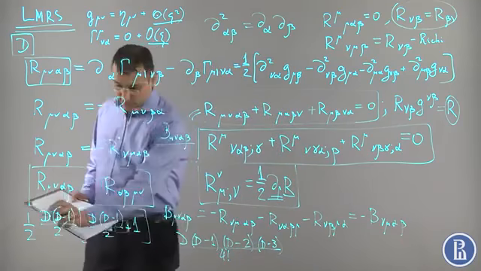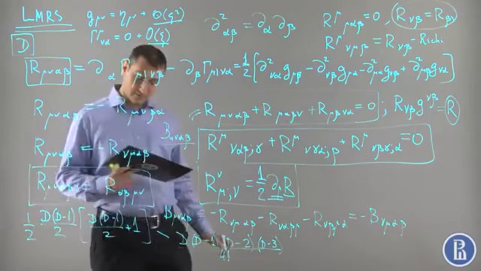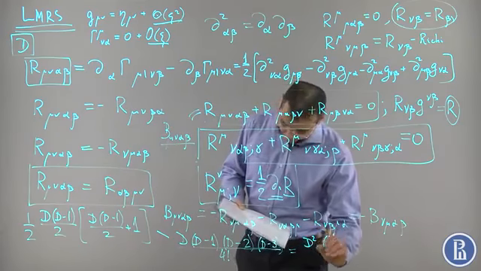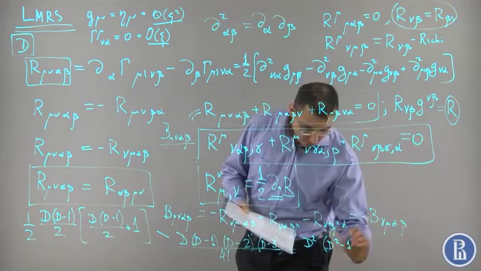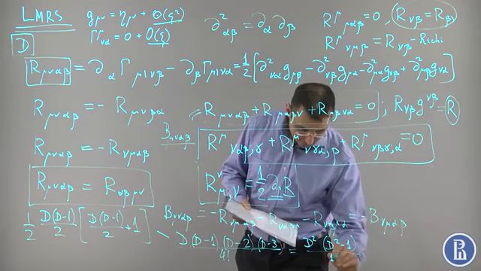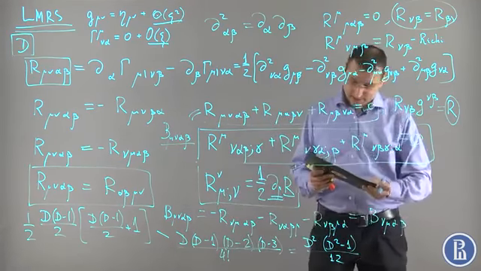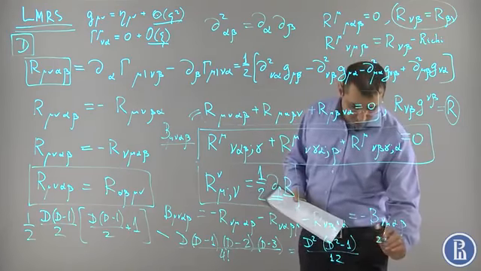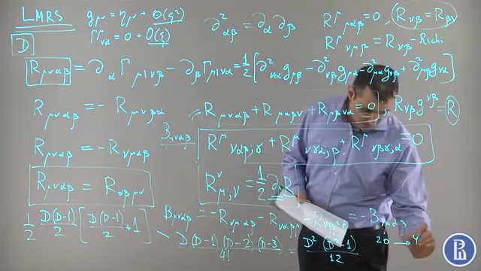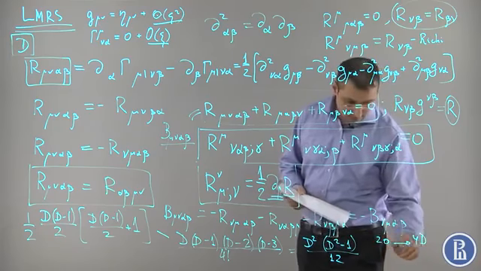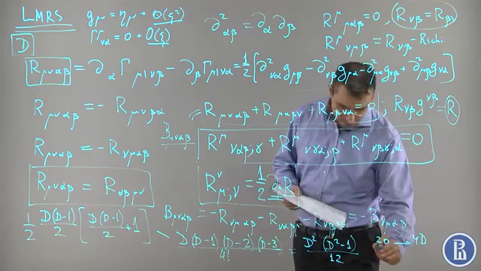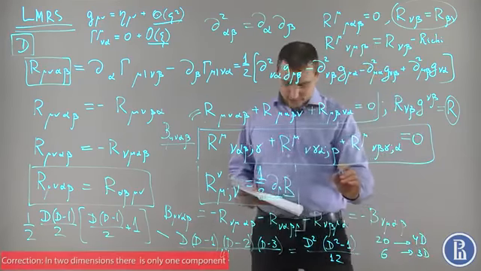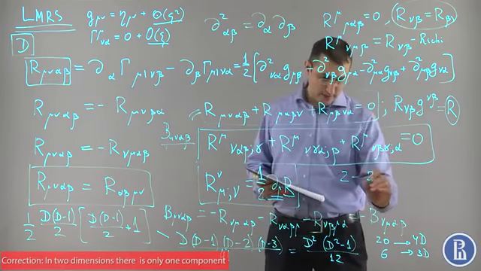So we have to subtract this quantity from this quantity. As a result, we obtain D squared times D squared minus 1 over 12. That leads, in 4 dimensions, to 20. In 3 dimensions, this is 6. And in 2 dimensions, this is 2.